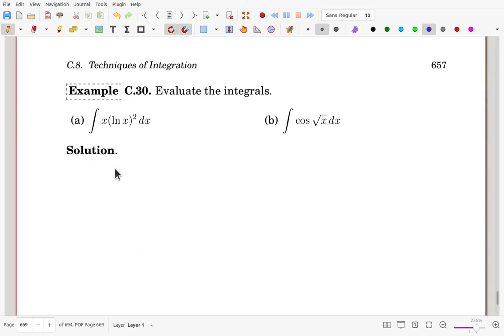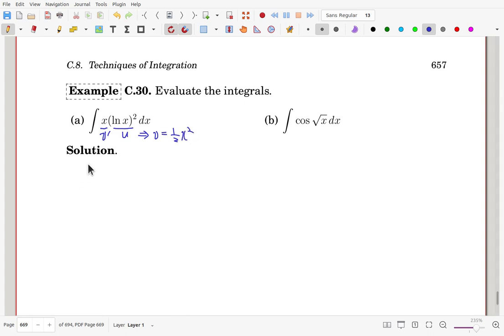Let's try to evaluate these integrals. For this one, this portion is easily integrable, and this is not easy to integrate, but differentiation is easy. So we choose this portion as V prime, and that is U. Then V is half x squared.